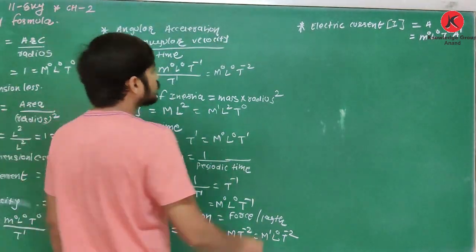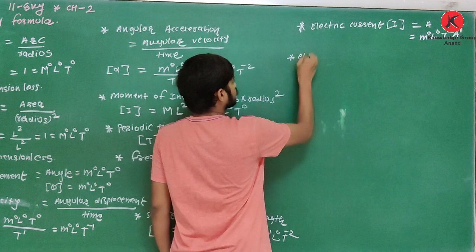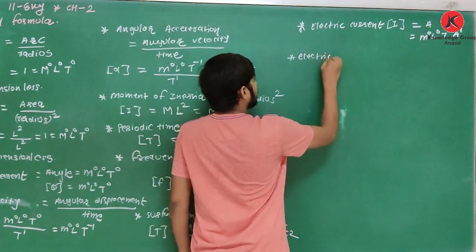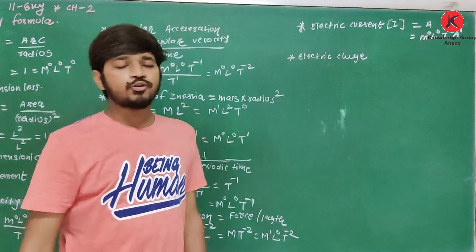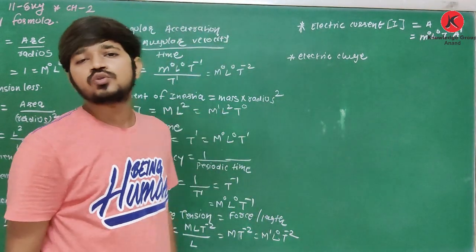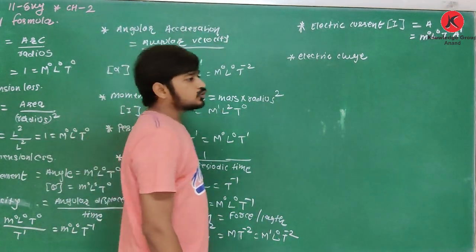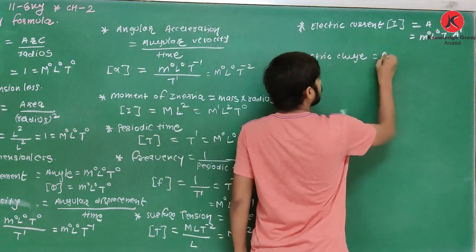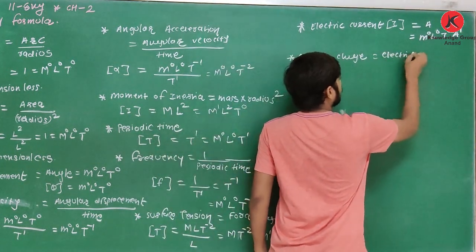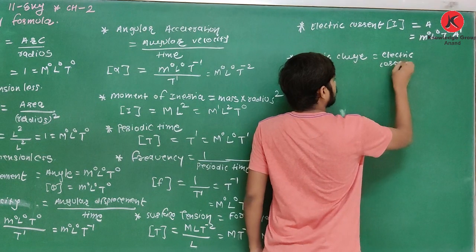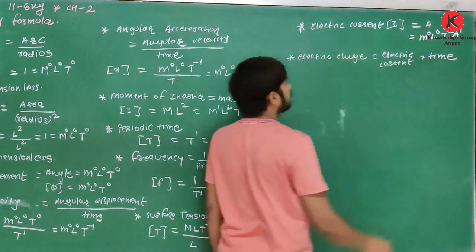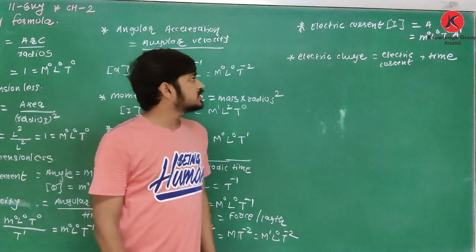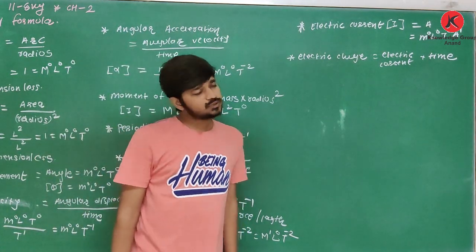Okay. Now next one is electric charge. If you know the equation, I is equal to Q upon T. So Q is equal to electric current into time. Yes, electric charge is equal to electric current into time.